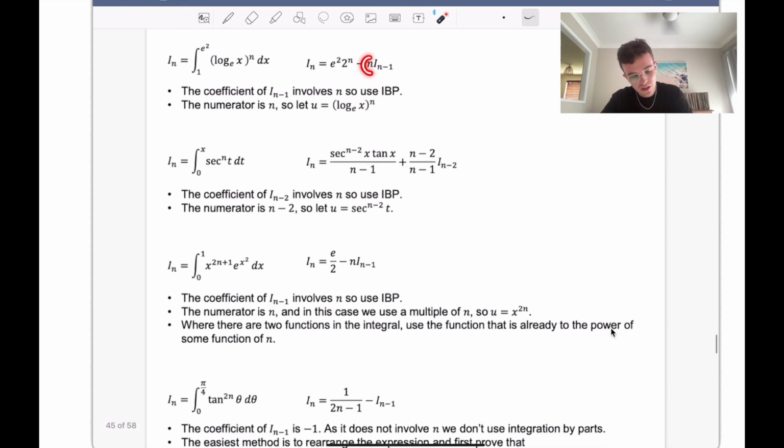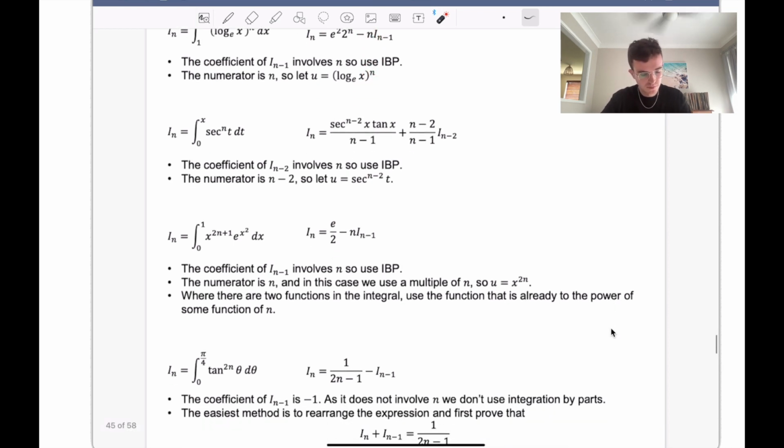So that tells us what the power is going to be. This question here, the coefficient of the lower integral is n minus 2 on n minus 1, so we're using integration by parts because it involves n, and the numerator is n minus 2, so we're going to let u equal sec to the power of n minus 2.